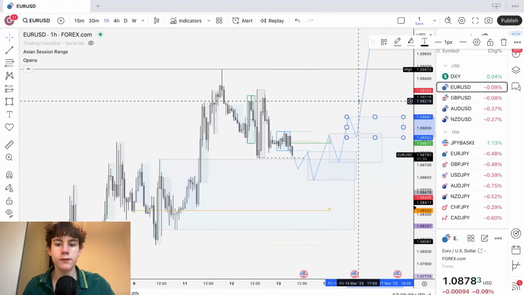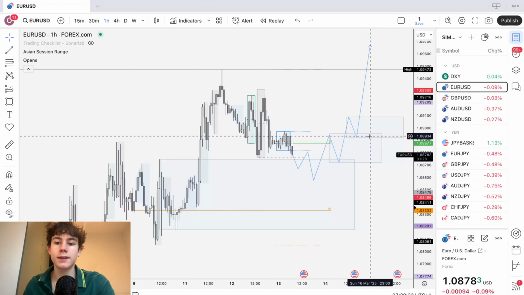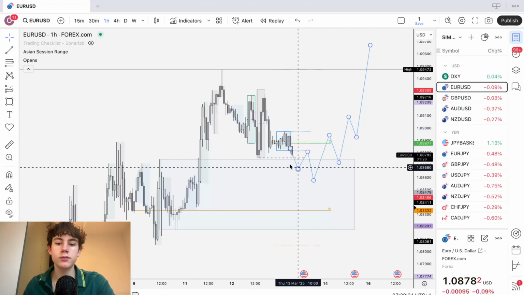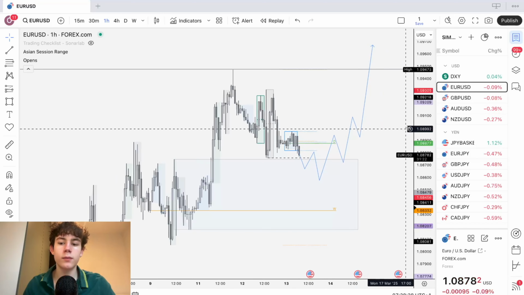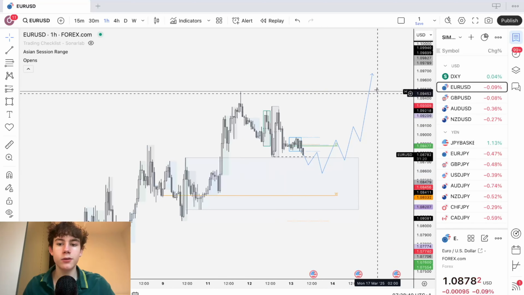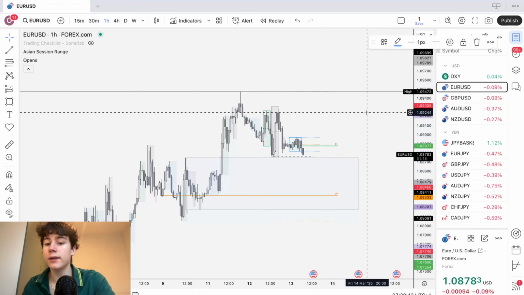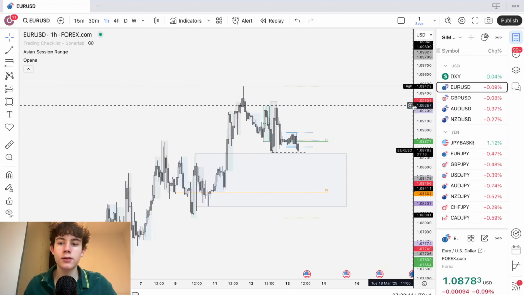So that's what I'm waiting for. But first we need to see a tap in towards this demand zone, and then I would want to see this occur in order to take a long in towards the highs again and trade with the daily fractal and momentum.